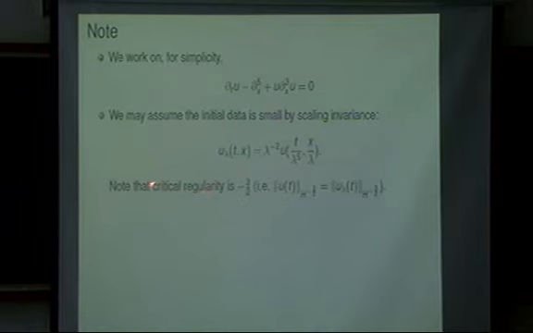But by scaling, we can transfer that problem into small initial data for time from 0 to 1. Okay? So we can assume that the initial data is small. But because this is a subcritical problem, it is equivalent to the large data problem.